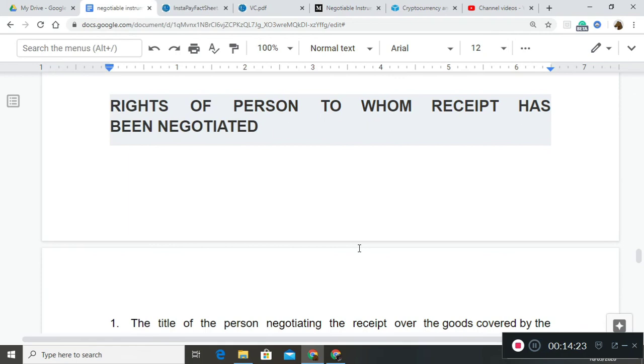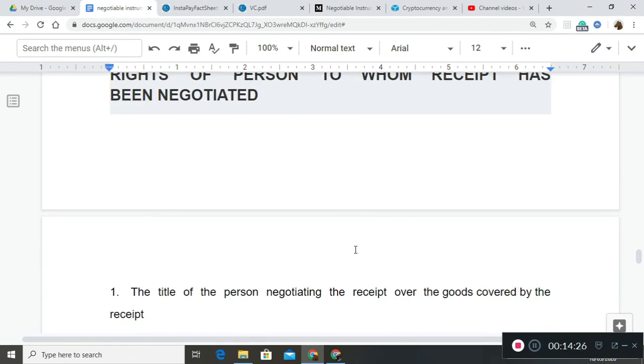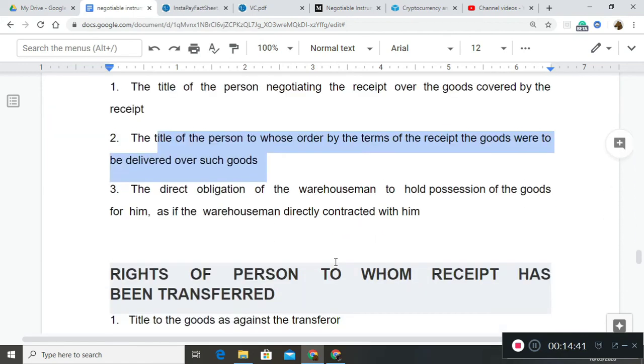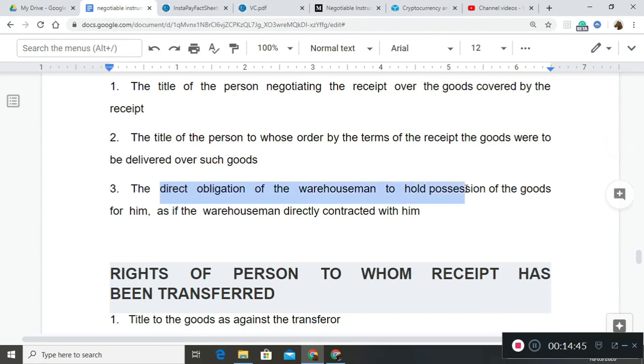So persons to whom the receipt has been negotiated can have the right to the title of the person negotiating the receipt and the title of the person to whose order, by terms of the receipt, the goods were to be delivered, and of course, the direct obligation of the warehouseman to hold and possess the goods for him.